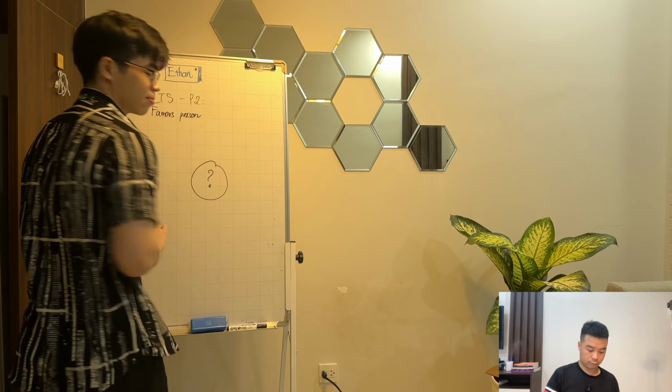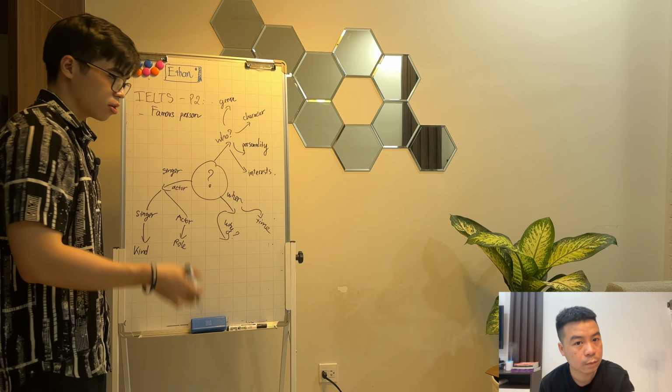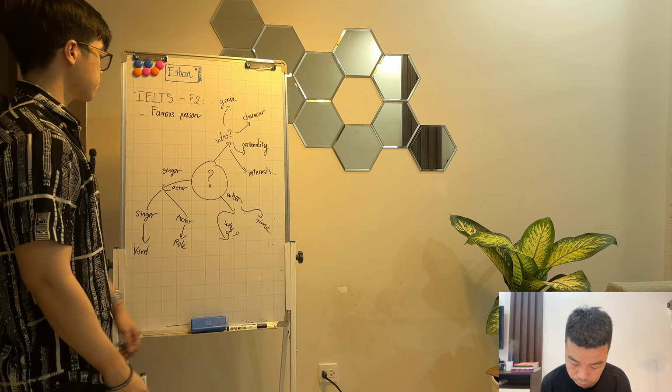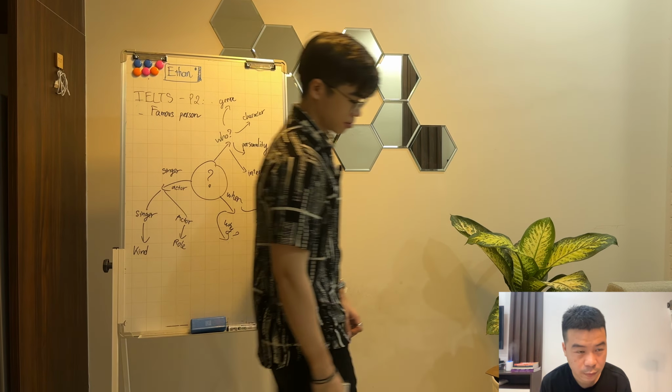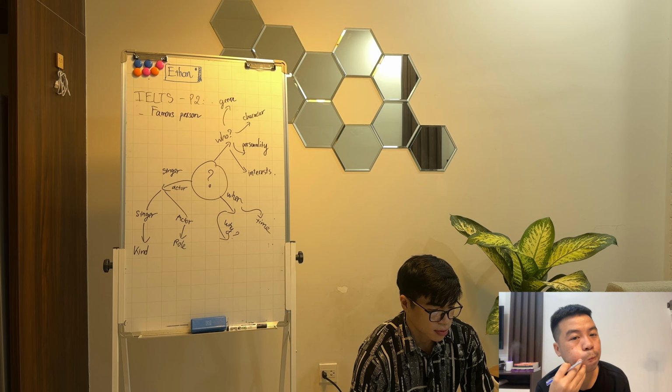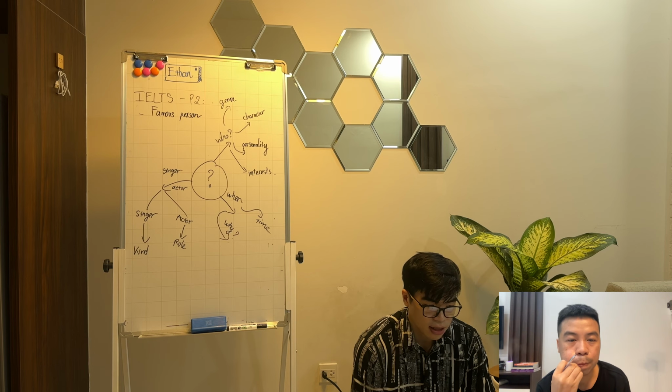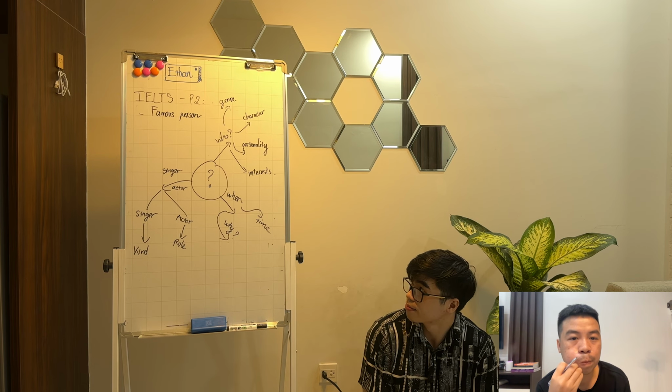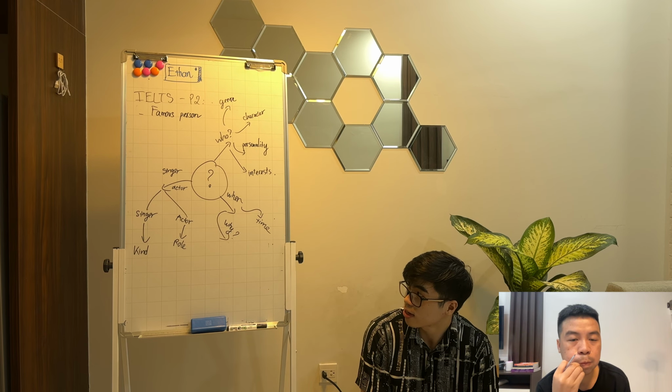If it was a singer, so we will talk about the kind of music that they sing, rock, pop, something like that. And I think that's enough. So that is a very easy line tree for you to create at home.